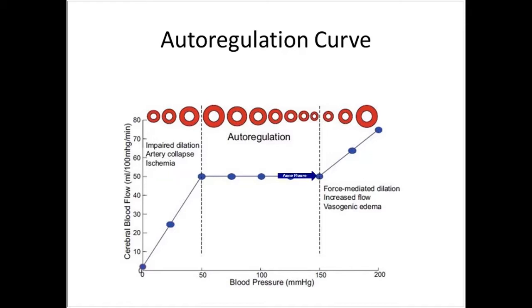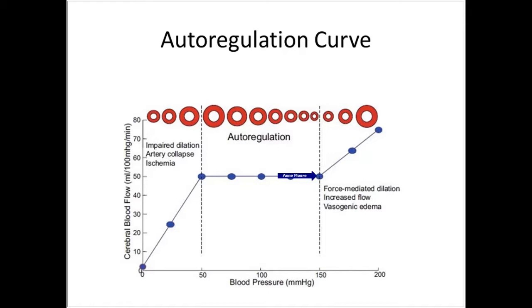But beyond 150, the microcirculation will compensate by trying to vasoconstrict. But because of increased flow from the increased blood pressure, the mechanism eventually will fail. And what we see then is vasogenic edema and hemorrhagic stroke.